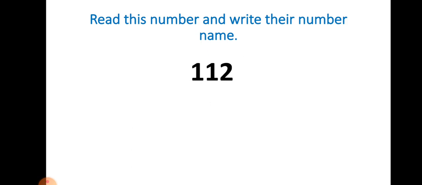The next number given is a 3-digit number, 112. Now how to read this number? In a 3-digit number, the first number is in 100, then tens, and the last number is ones. 2 is in ones, 1 is in tens, and the first 1 is in 100 place.